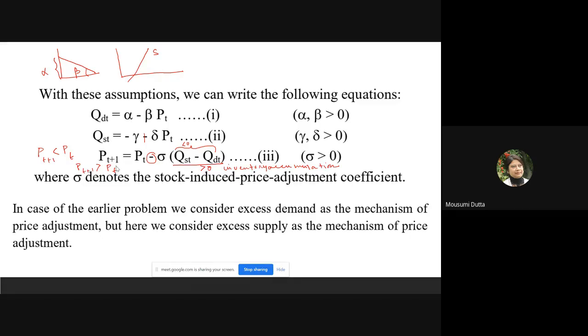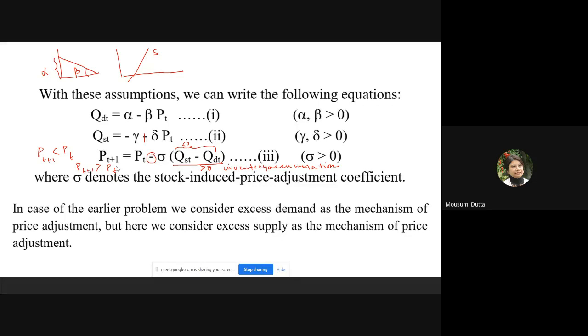Whereas I hope you are understanding, sigma is indicating stock induced price adjustment coefficient. If there is positive stock, sigma will operate in one direction. If there is a negative stock, sigma will operate in the reverse direction.